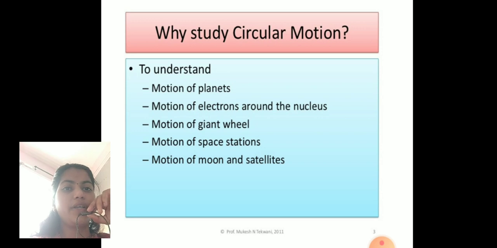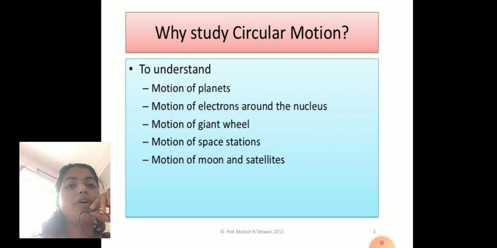We know the meaning of circle or circular: round-shaped. A round-shaped path covered by a body is known as circular motion. We study it to understand the motion of planets, because the planets move around each other in a circular path.